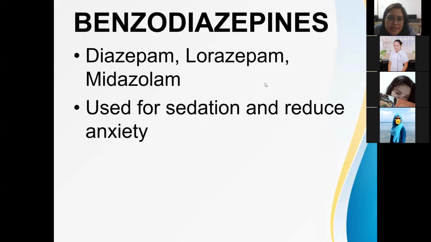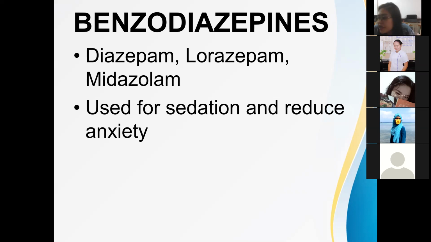Next, we have the benzodiazepines. Unsang mga example sa benzodiazepines nga ginagamit for induction of anesthesia? We have diazepam, lorazepam, and midazolam. The same use with that of the barbiturates para masedate ang patient and to reduce their anxiety. Remember, these drugs are also considered anxiolytic. Kasi ang mga people class, kabalo sila, operahan na sila, naay anxiety. Diba? Most of the time, diazepam, lorazepam, midazolam.